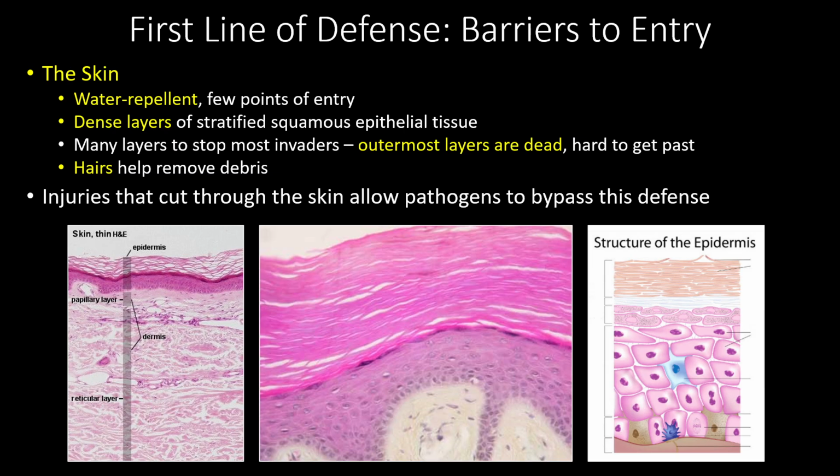The skin is really cool for a bunch of different reasons, but one of the big ones is that it's really thick. So when you encounter some bacteria, for example Staphylococcus aureus, something that we have on our skin naturally all the time, when it lands on our skin, if it were going to make its way into otherwise sterile parts of the inside of our body, it would have to make its way through many, many dense layers of epithelial tissue.